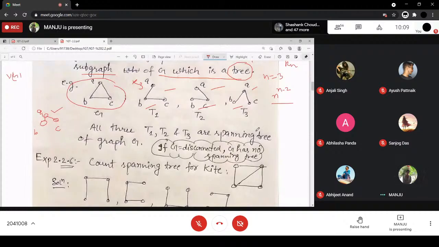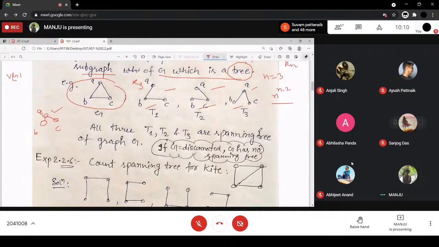Every graph has a spanning tree. Is the statement true or false? Every graph has a spanning tree. False, ma'am.